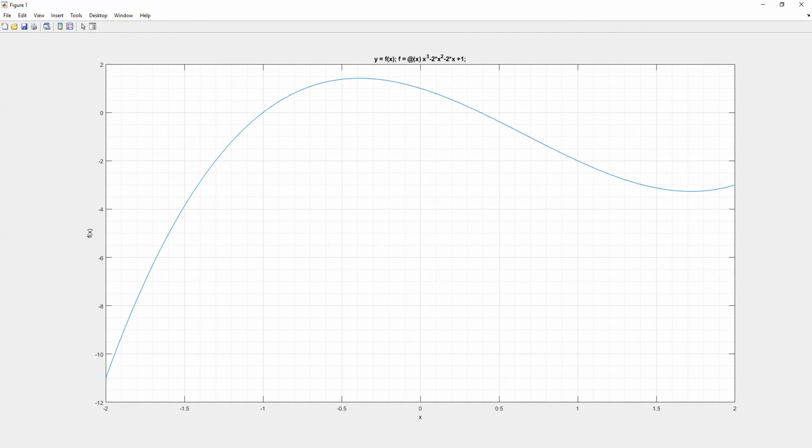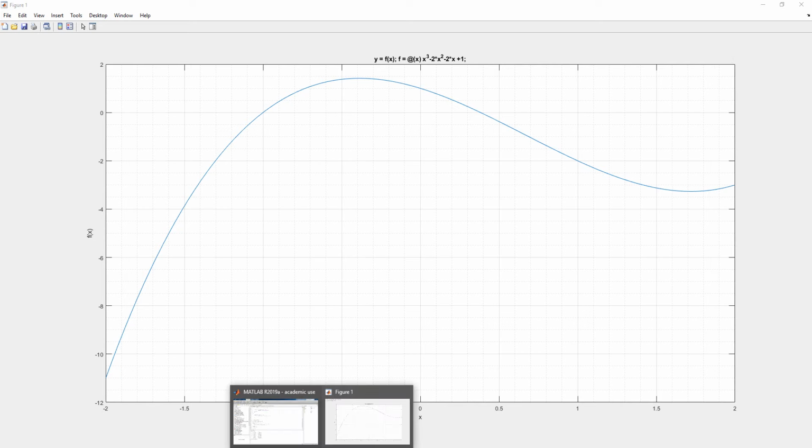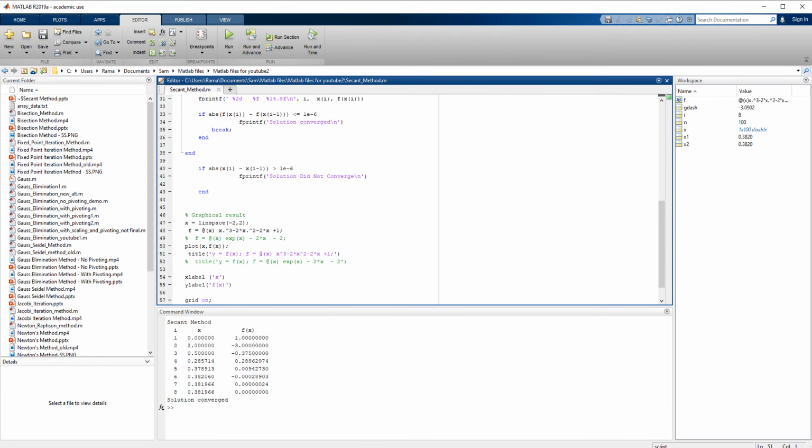When we plot this f of x function, we notice that there are a couple of roots here, one root over here, two roots you can see, and maybe another root coming further down. One root over here is 0.383, and that's close to what we obtained numerically. In fact, this numerical solution is more accurate than what we observed graphically.